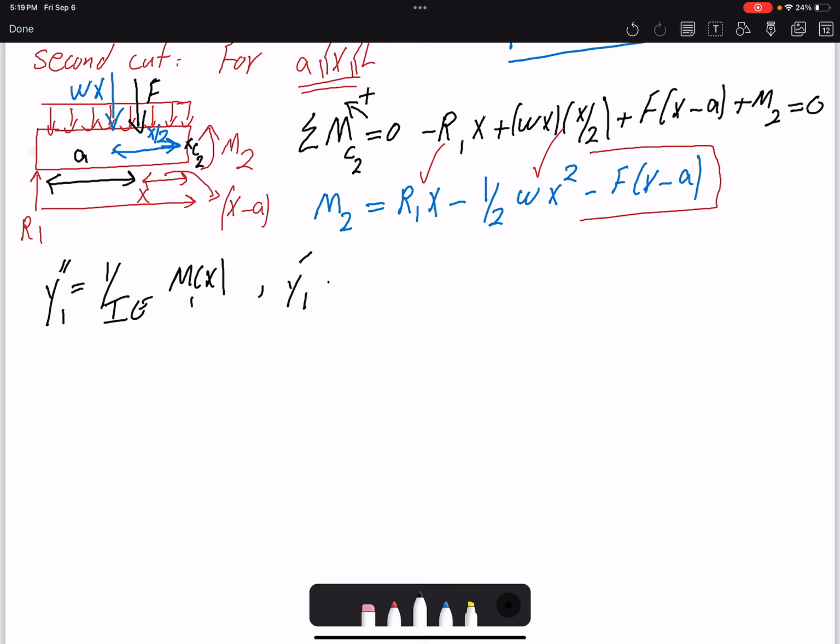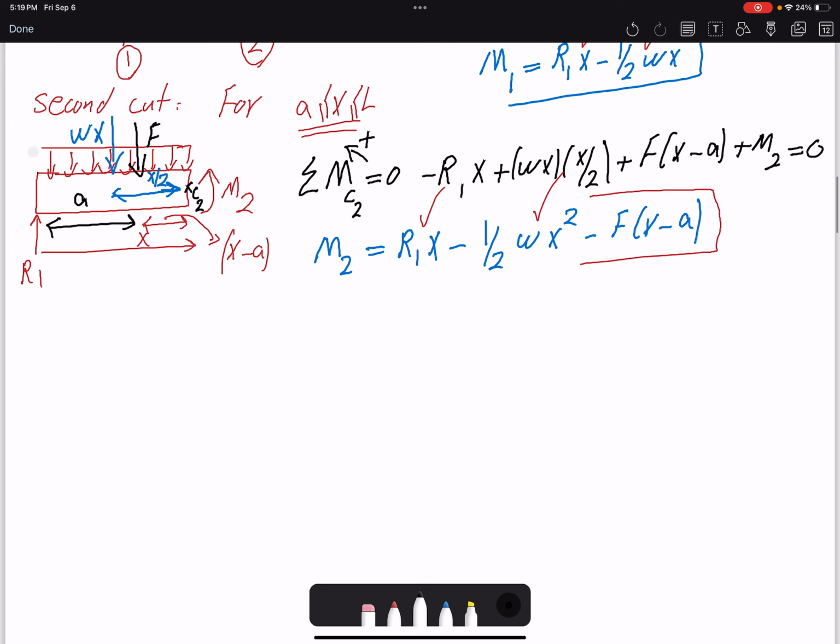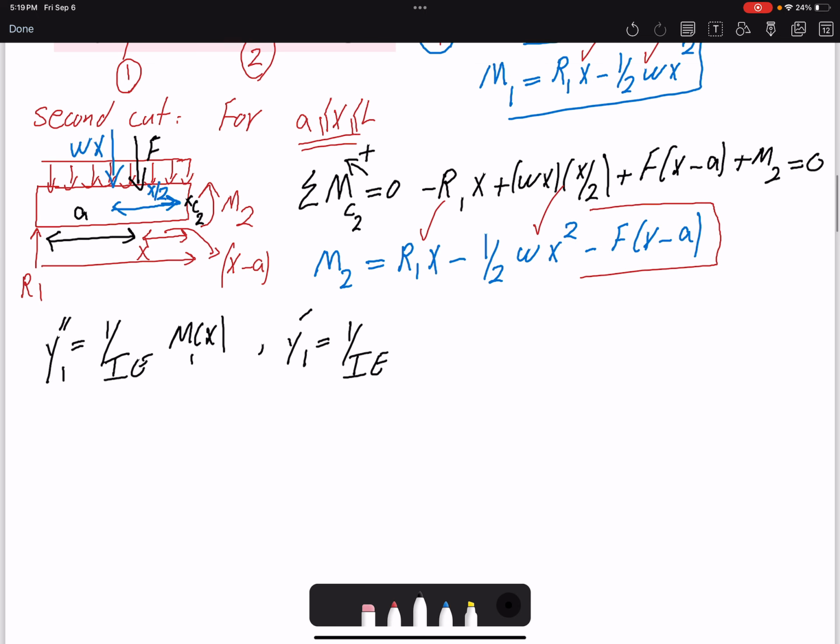Then y prime 1 would be, take an integral of this, so M1, R1 x squared over 2, minus w x cubed over 6, plus C1.